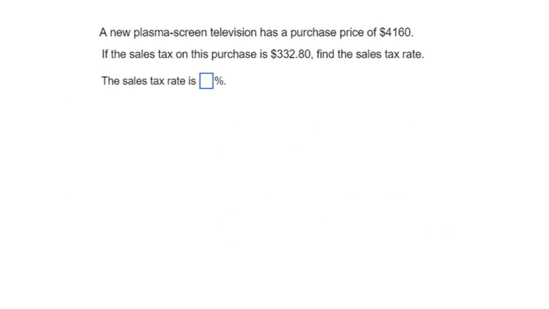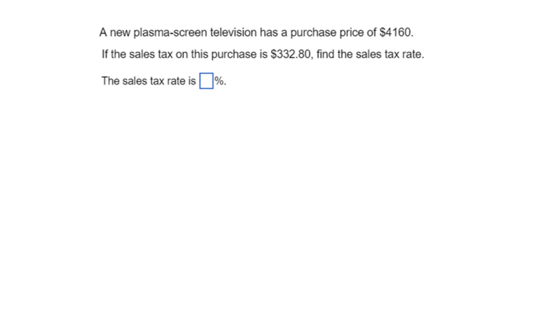A new plasma screen television has a purchase price of $4,160. If the sales tax on this purchase is $332.80, find the sales tax rate.